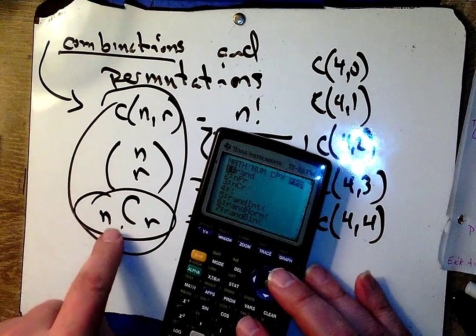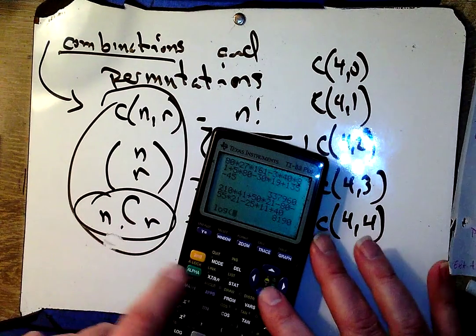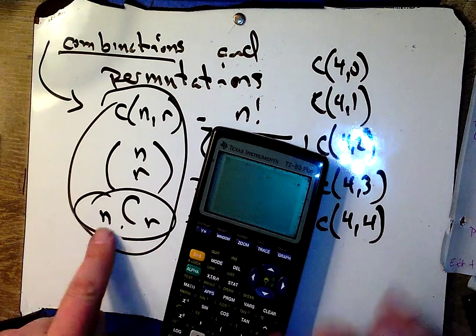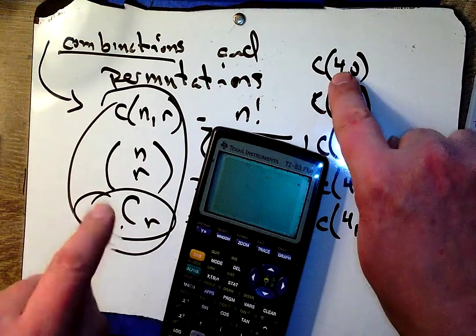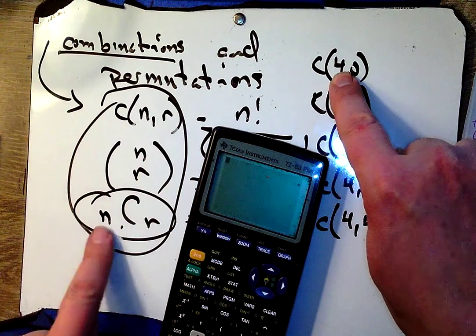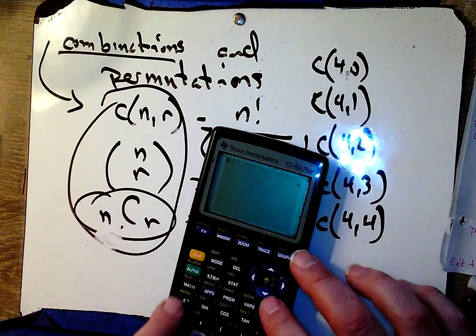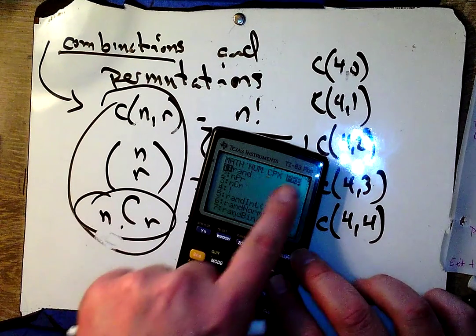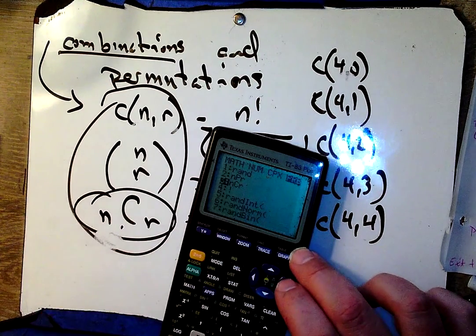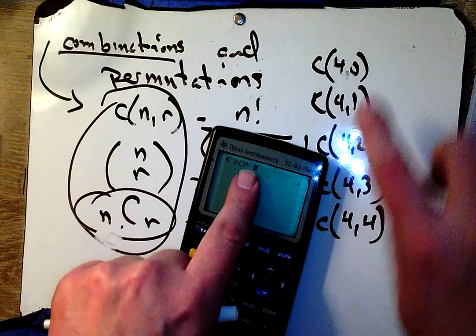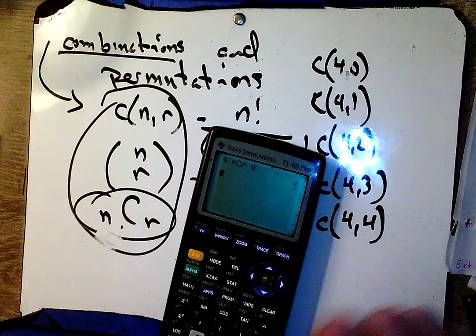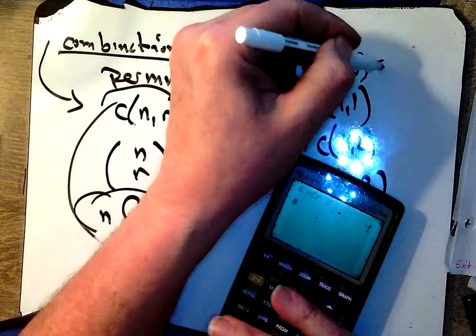Well, on the main screen, I'm going to type in my value here. Remember, this is n comma r. So this is my n. I'm going to do 4, and then I'm going to go math, probability, and choose r. And then the number 0. Okay, and I end up with 1.